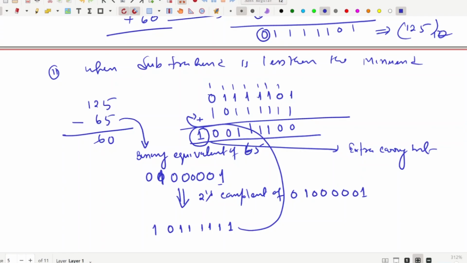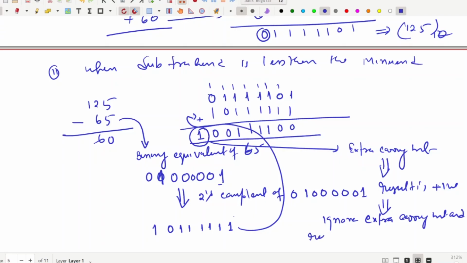Ignore the extra carry bit, and the rest of the bits represent the result. So simply what is the result here?